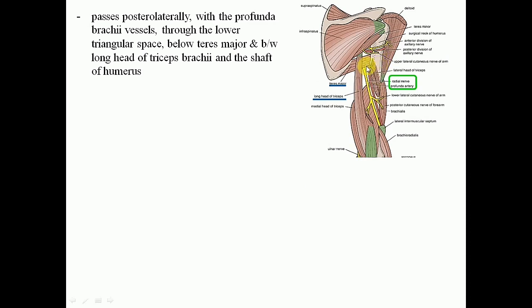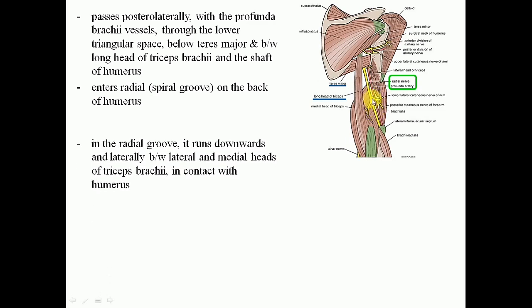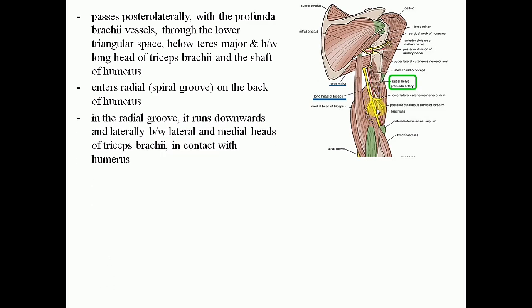So this is the course of the radial nerve through the lower triangular space, and then it enters the spiral groove or the radial groove on the back of the humerus, and in the radial groove it runs downwards and laterally between the lateral and medial heads of triceps brachii in contact with the humerus.